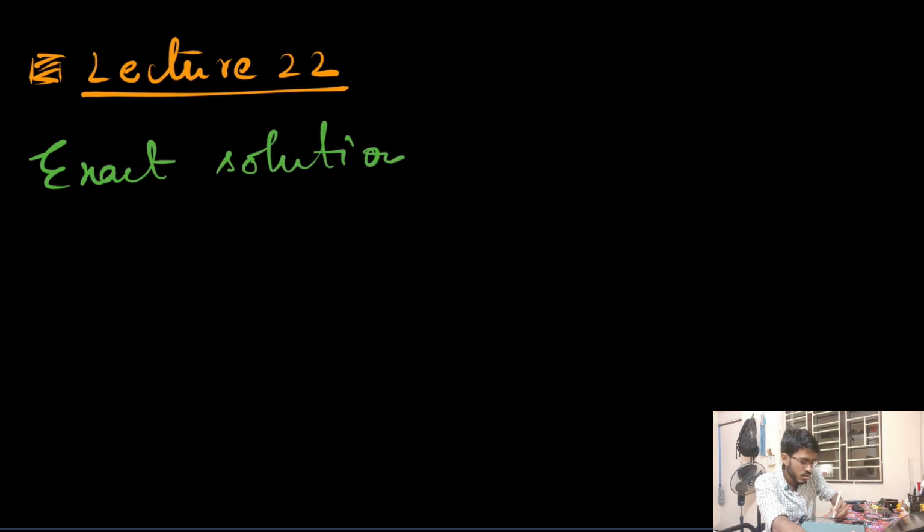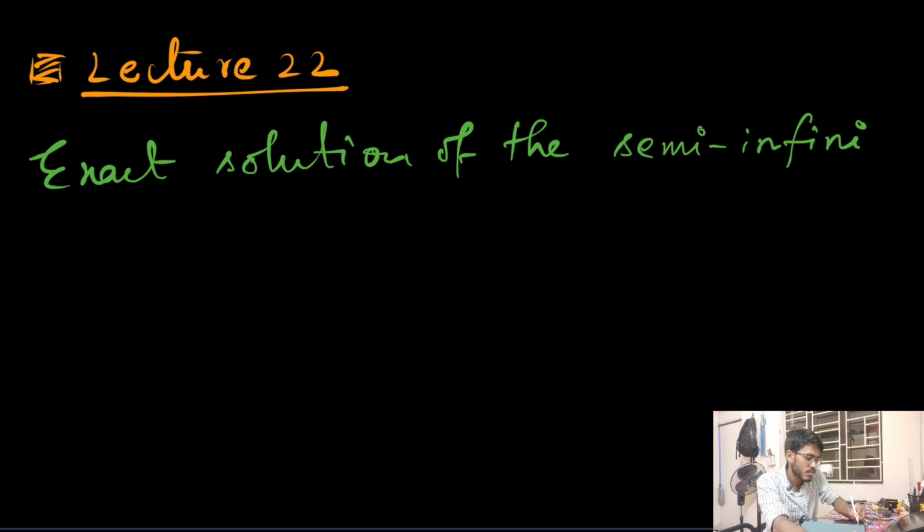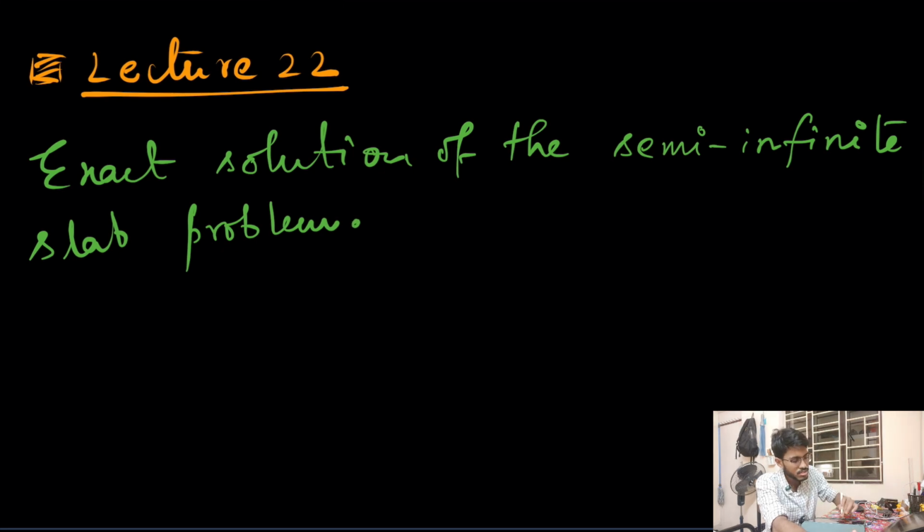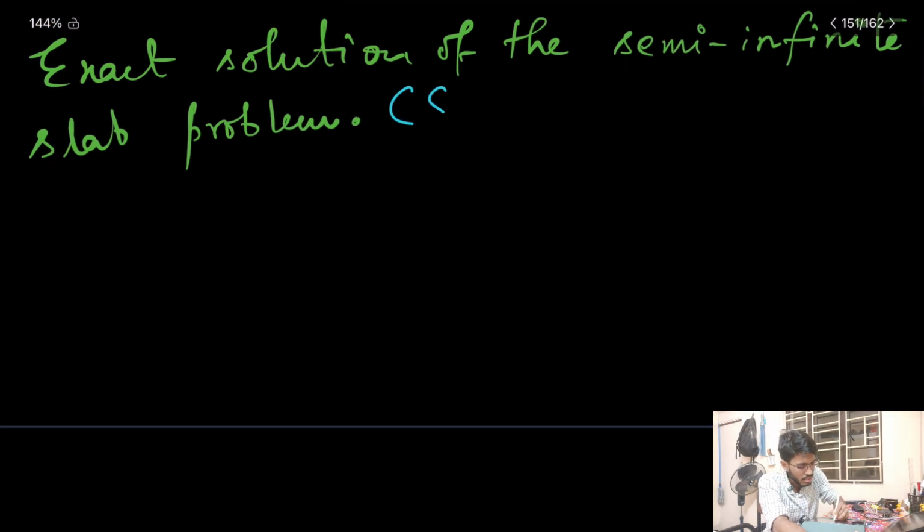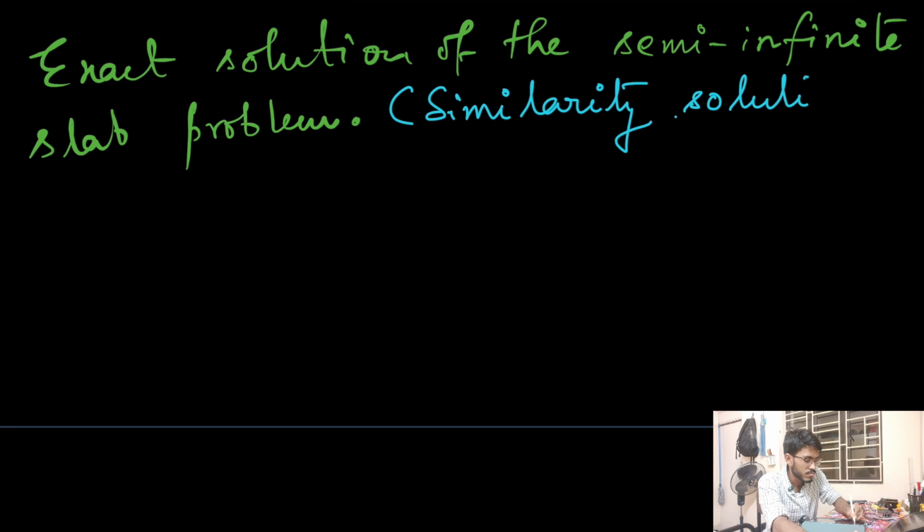Now, here what we will do is we will see the exact solution of the semi infinite slab problem, and this solution is also termed as similarity solution. Okay, similarity solution.